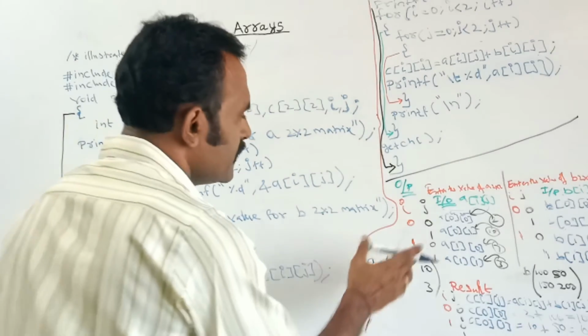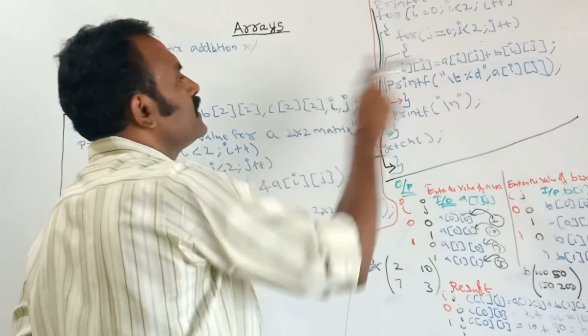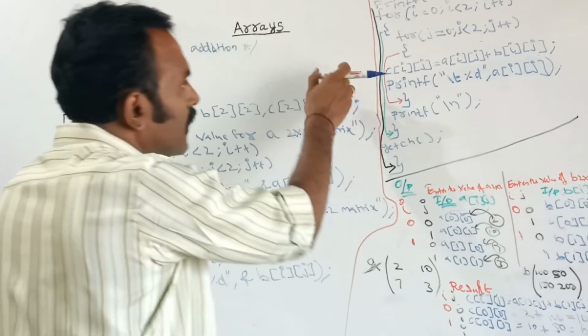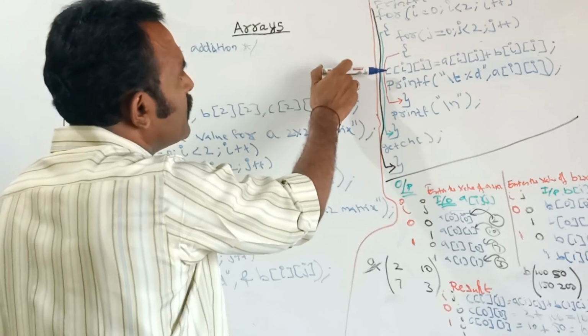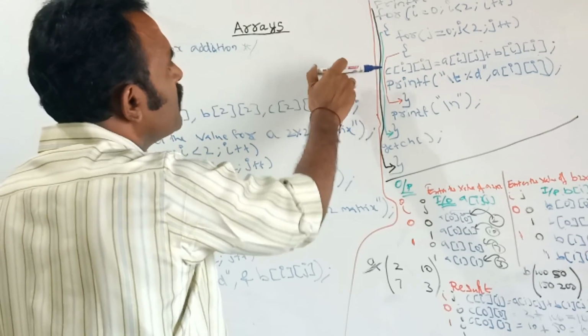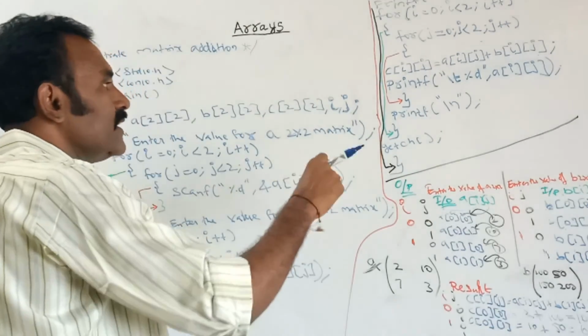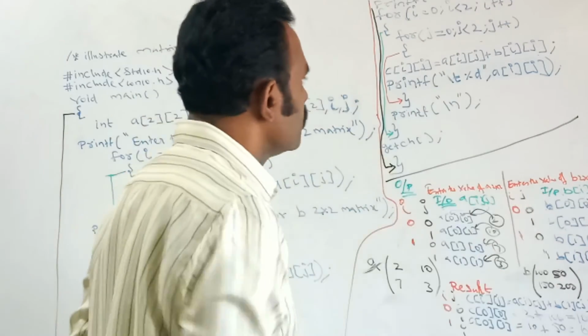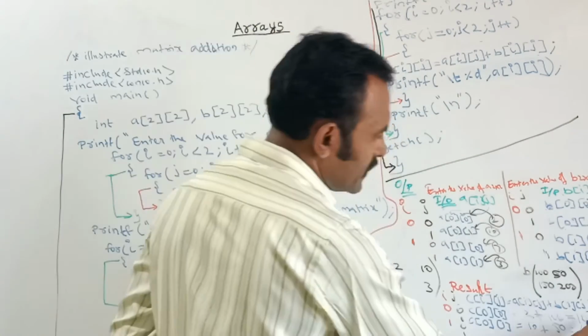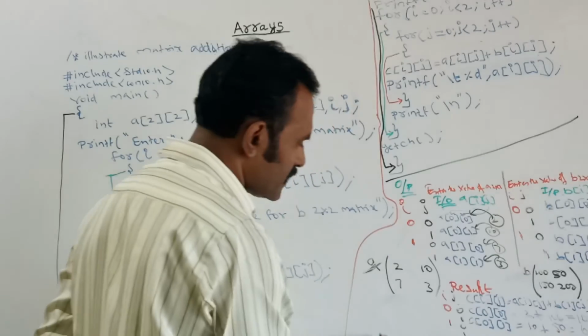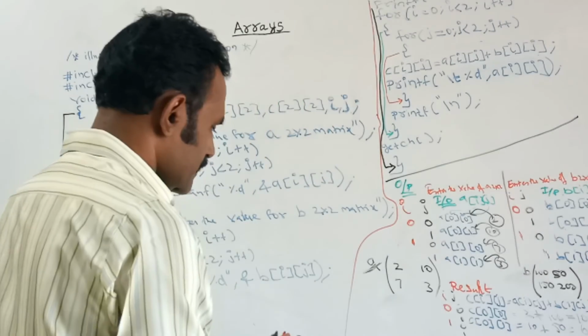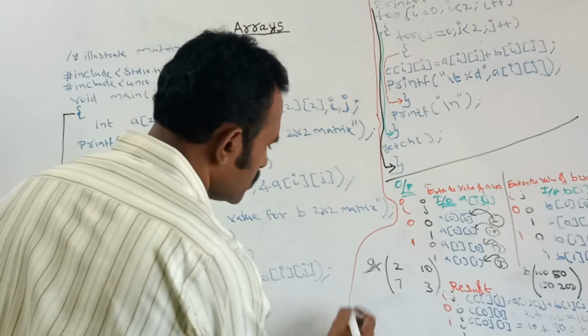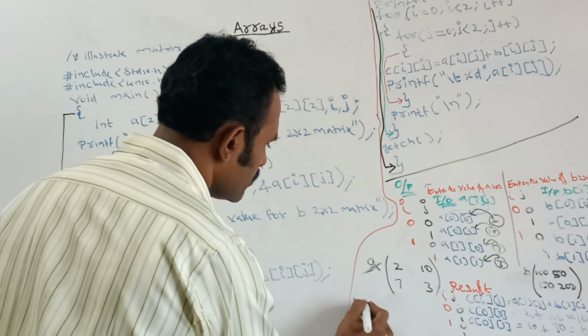See next, every time after adding, the value will be printed. I am printing that value also in the same loop. So the first time this value 102, that result will be printed like this here, 102. This is matrix c.